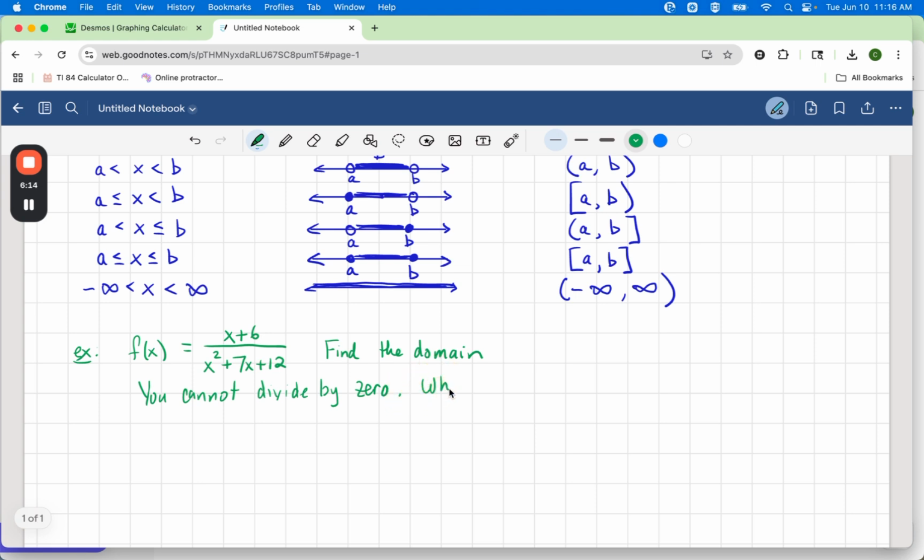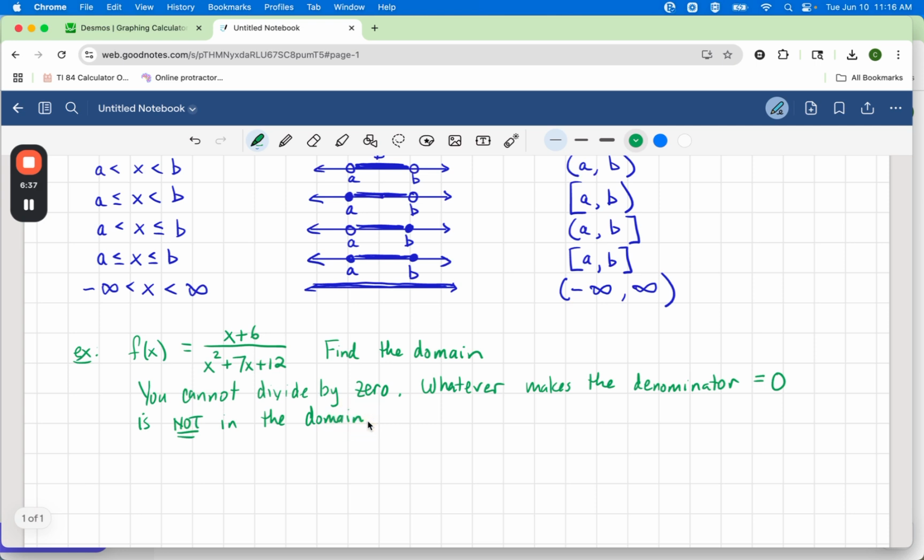Whatever makes the denominator 0 has to be ruled out as a possible domain element. Whatever makes the denominator equal to 0 is not in the domain.